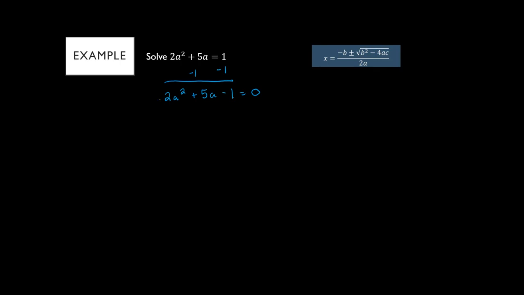So I'm going to start by labeling all of my numbers. a is equal to 2, b is equal to 5, and c is equal to -1. And instead of x equals, we have a equals, because that's our variable.